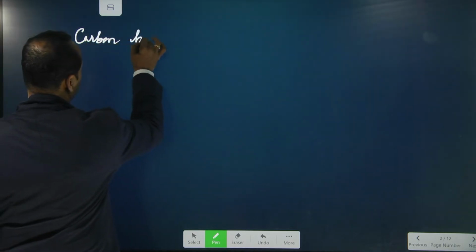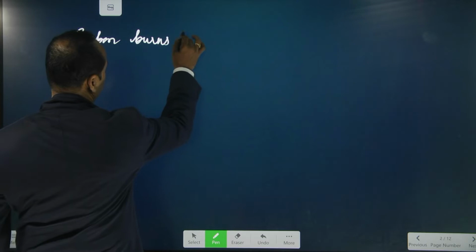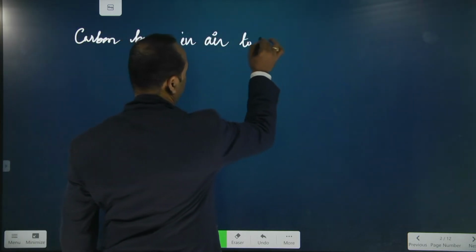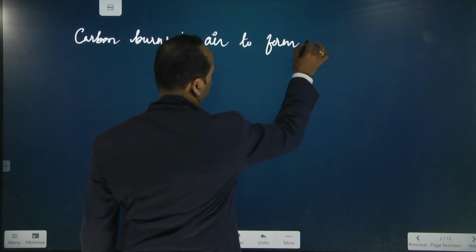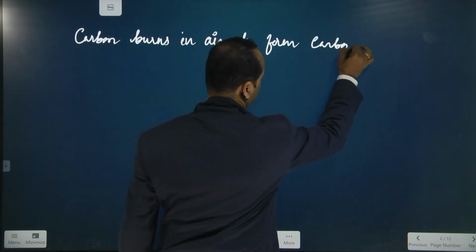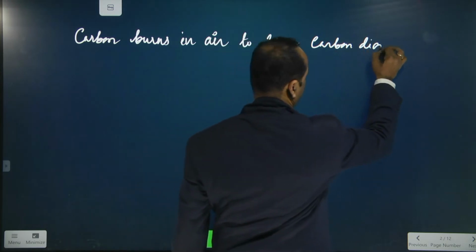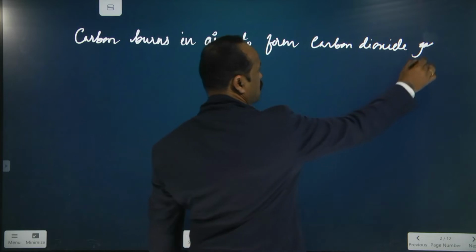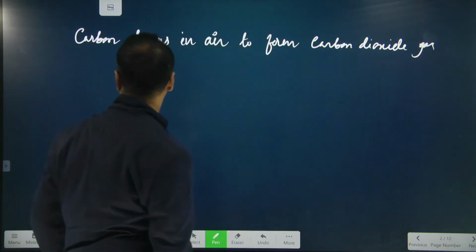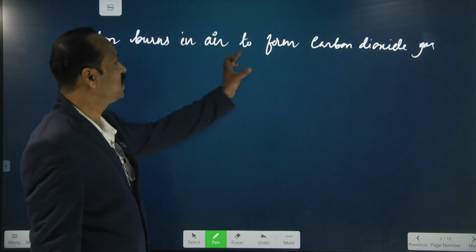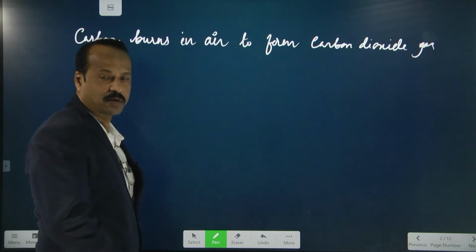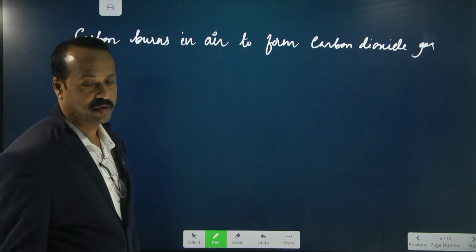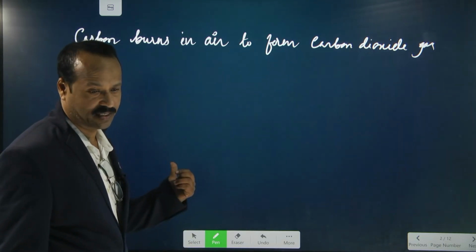Carbon burns in air to form carbon dioxide gas. This is the sentence, and approximately it consists of 40 letters. If you count, the number of letters will be approximately 40.